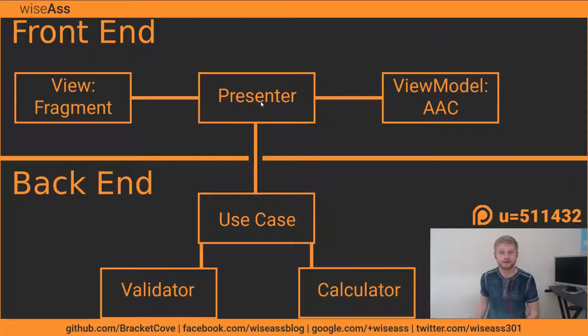But the presenter is going to be responsible for event handling and logic, more or less the same thing. And then also we have a ViewModel from Android architecture components, which is going to act as temporary storage for data which needs to persist across orientation changes and activity destruction events. So that's basically it for the front end.